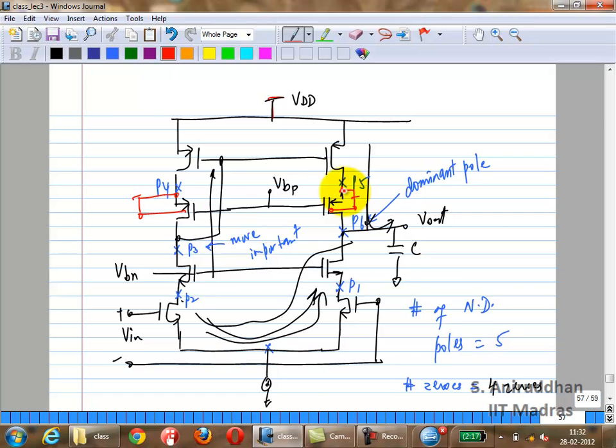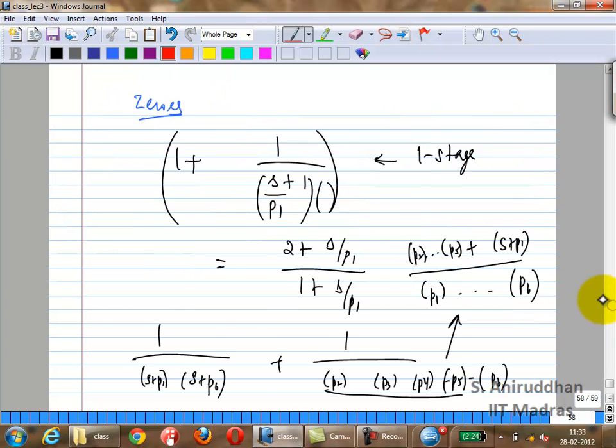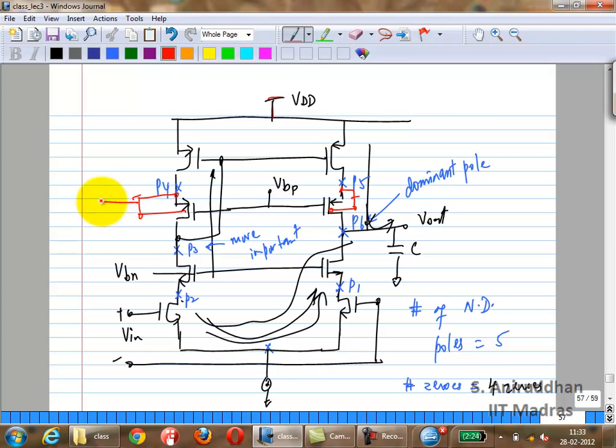What do you have at the bulk here? Let's go back to the PMOS. This is your bulk node, right? So what you actually have, remember, the well actually encloses the overall device. And because the well encloses the overall device, you have a very large capacitance to the substrate, which is nominally grounded. So in other words, you're adding a very large parasitic capacitance at that node.